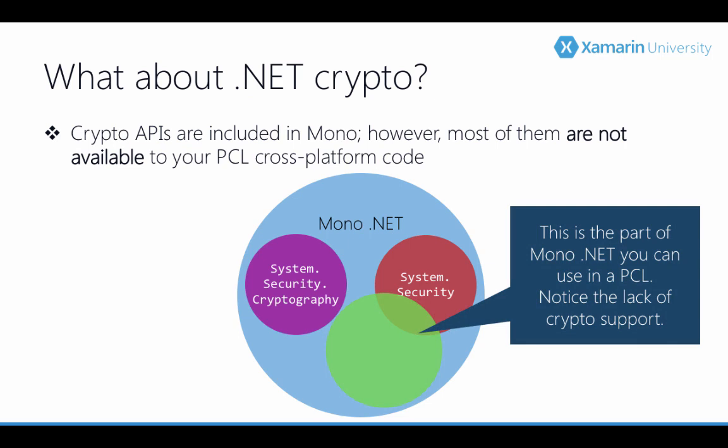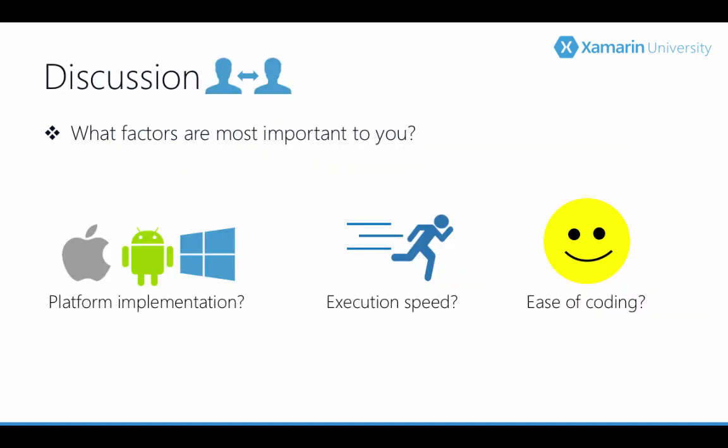Now, unfortunately, only a very small subset of the System.Security classes are available within a portable class library. They are available on the individual platforms, but they are more difficult to use in a cross-platform way. And really what this means is it doesn't help you all that much when you're writing your crypto code. You still need to find some way to abstract it, and you're still implementing it per platform.